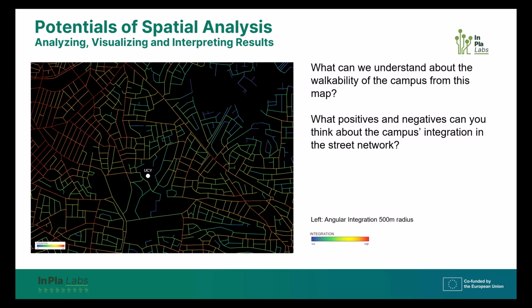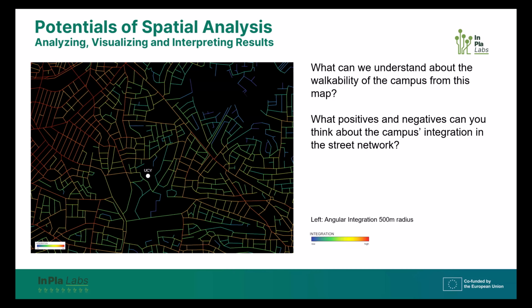Or on the other hand, it could be a negative that it's not very well connected, it's difficult for people to reach. So this is something that is up to our interpretation and analysis, depending on what a space wants to achieve.